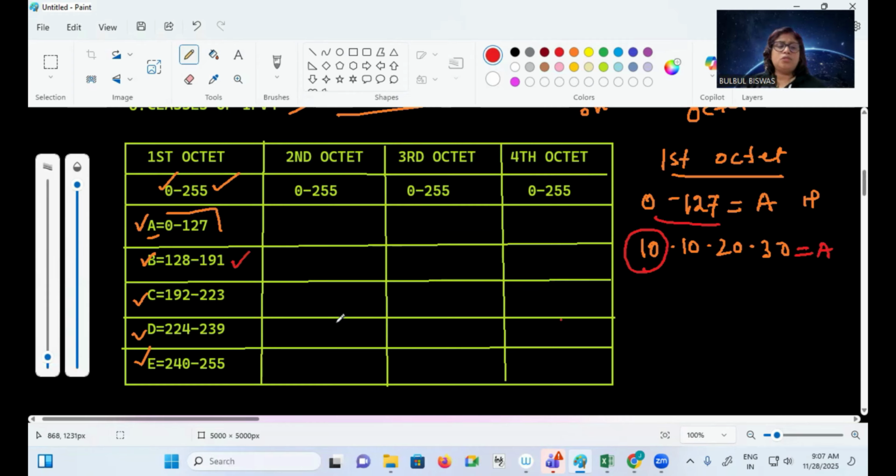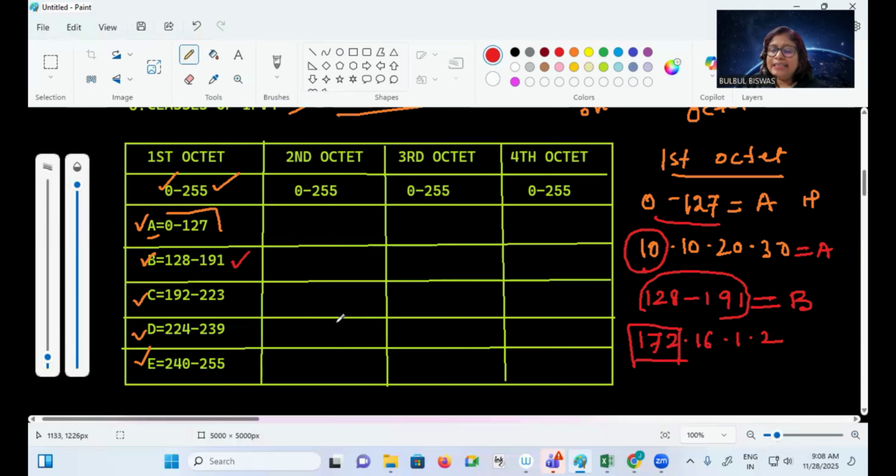Similarly, if any IP address's first octet comes under 128 to 191, it will be considered a class B address. As an example, you can see 172.16.1.2. Follow very carefully. This 172 is the first octet, and this 172 is coming within this range.